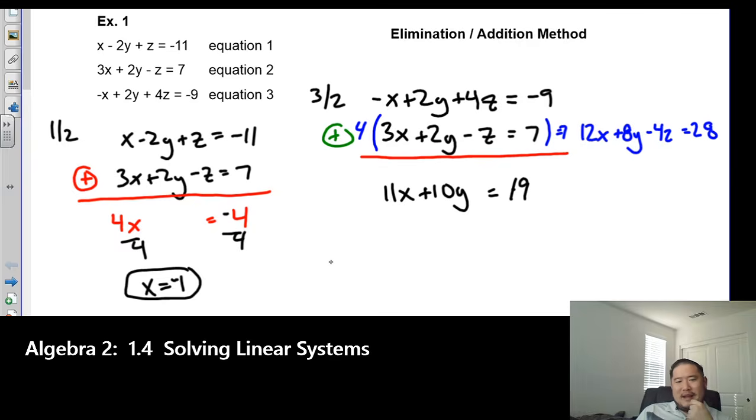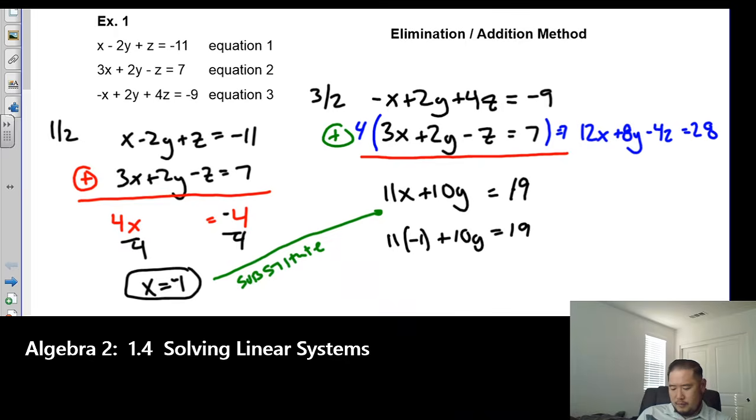So after we did that, we're going to substitute that in. We now have 11 times negative 1 plus 10y is equal to 19.